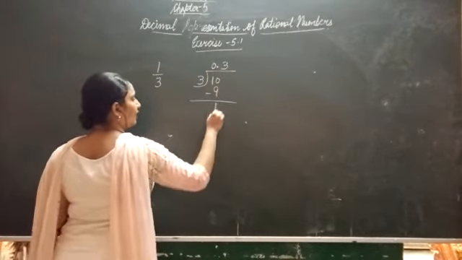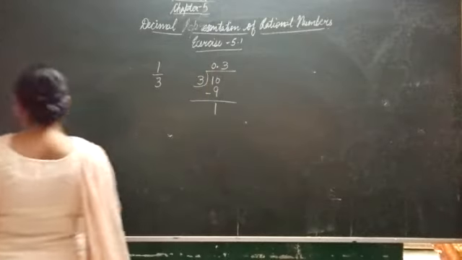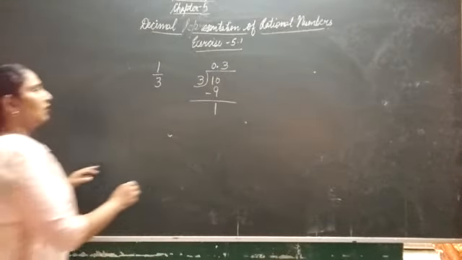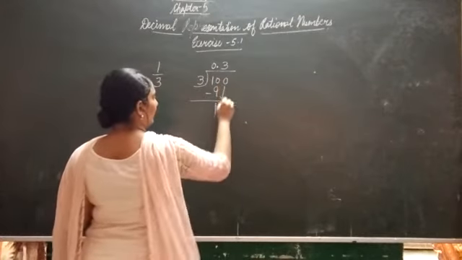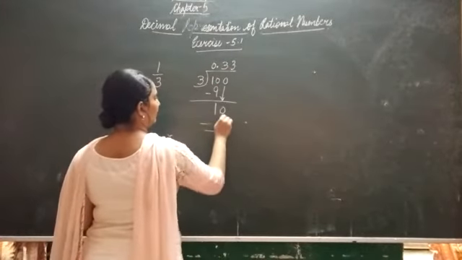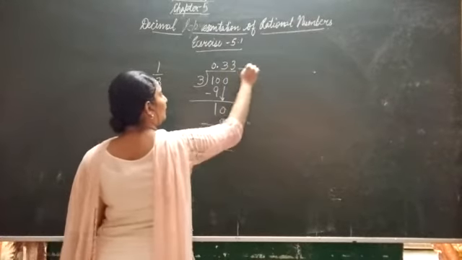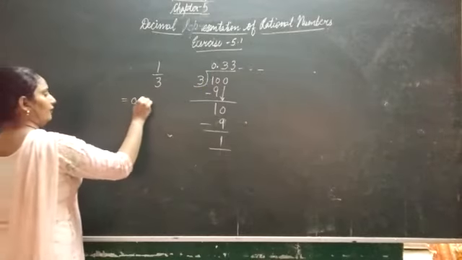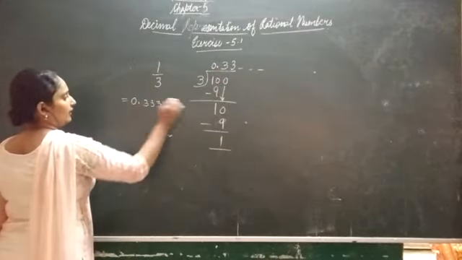Again we are left with 1. Then again we have 1, then 0 again, then again it will go on 3, 10, 9, again 1. Means we will get a 3 after the decimal, and we don't know how many 3's we will get.